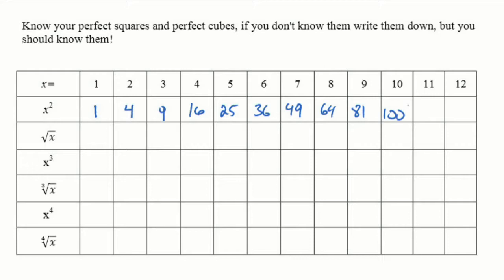Hopefully you got up to there. 11 and 12 come up a lot as well: 121 and 144. All right, so those are our first 12 perfect squares.